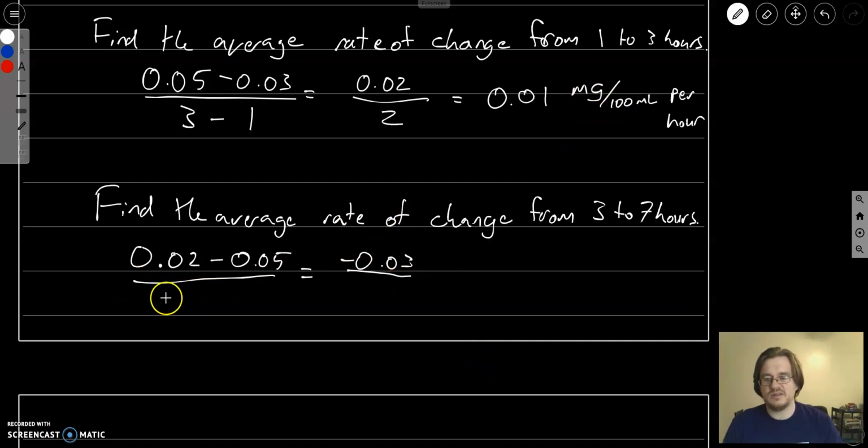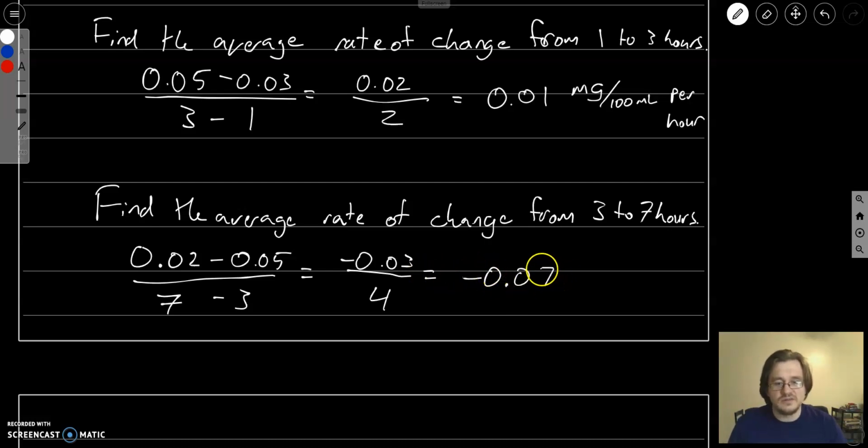But it took from hour 3 to hour 7 to get there, so it took 4 hours for this to take effect. If we divide this out, this will be negative 0.075. It fell by this much because we have a negative number, and then the units will be how much it rose or fell, again, per hour.